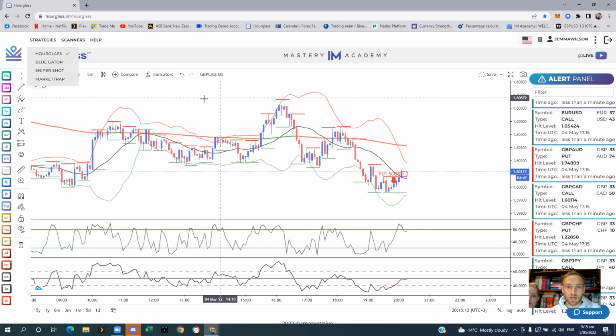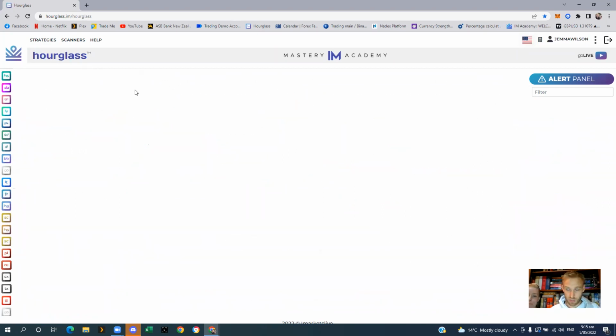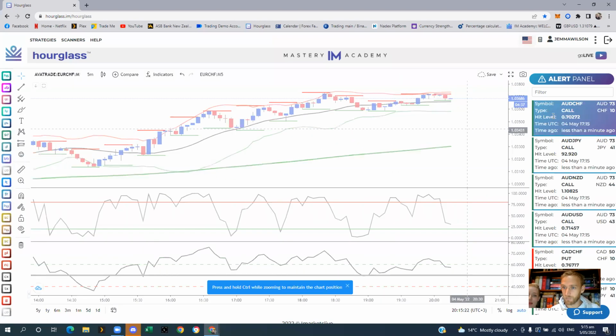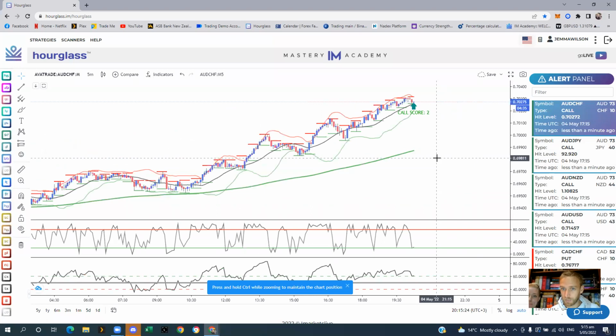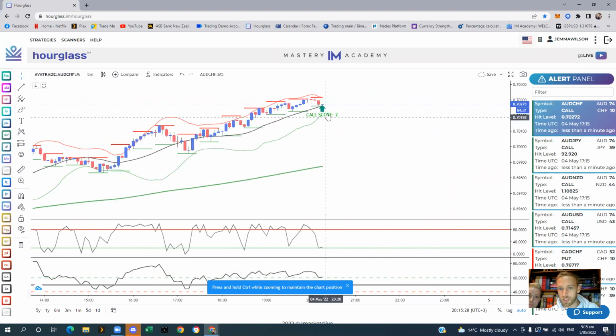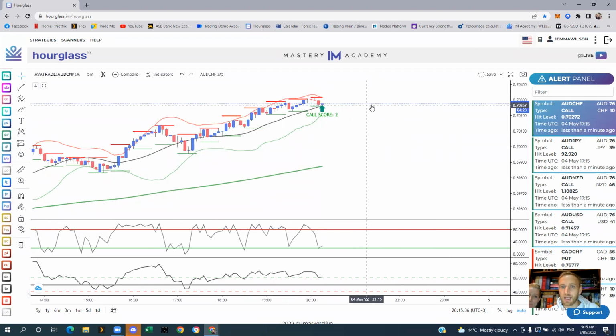Now, this strategy is really basic, which I really like, and I can show you some step-by-step instructions. So the first thing that we're going to look for, if you've never used Hourglass, basically Hourglass gives you a call or a put signal with an arrow, and it gives you a score to tell you how good that trade might be.